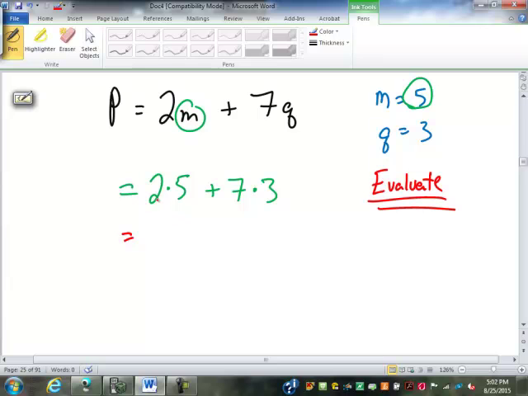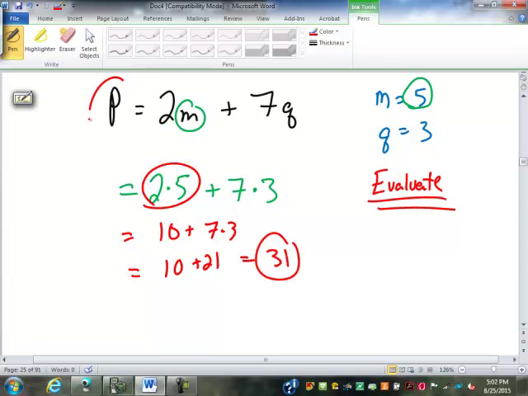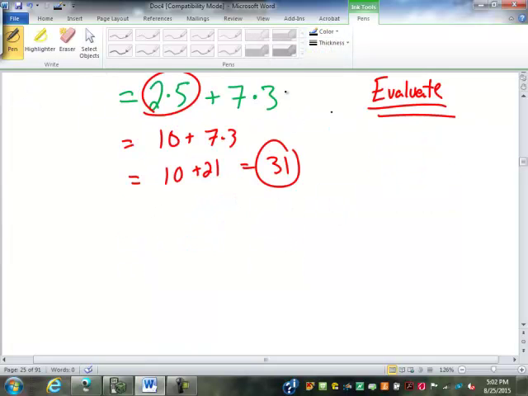What do we do first? 2 times 5 is 10. And then 7 times 3 is 21. And we add to get 31. So P is 31. Well, you could write it as P equals 31 if you wanted to. 31 is really what we're looking for there.